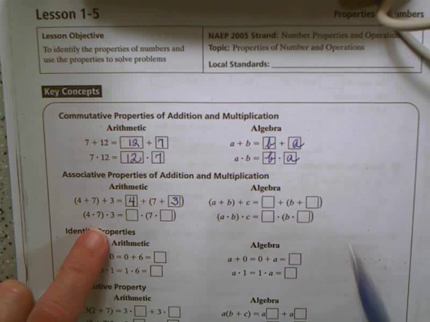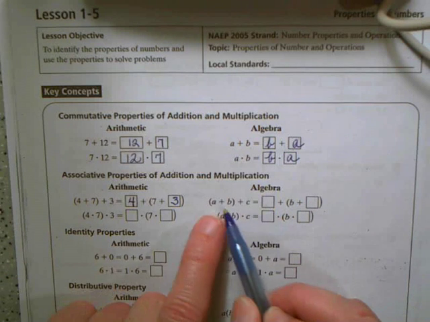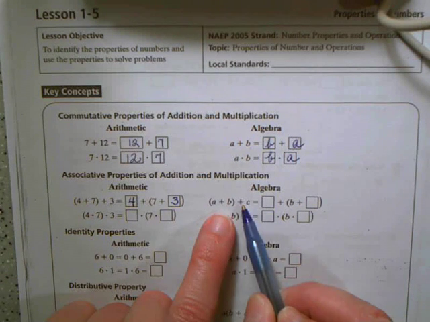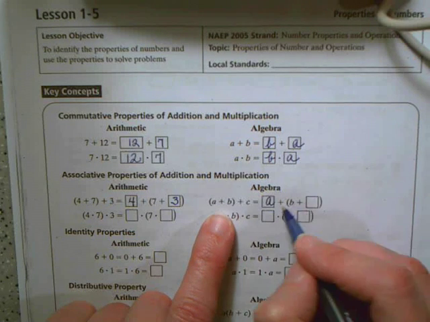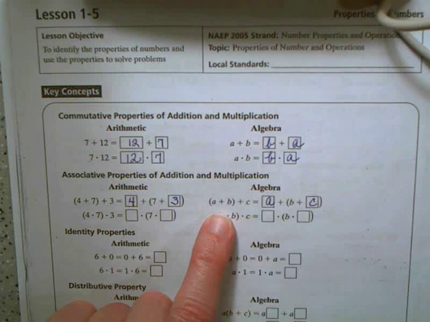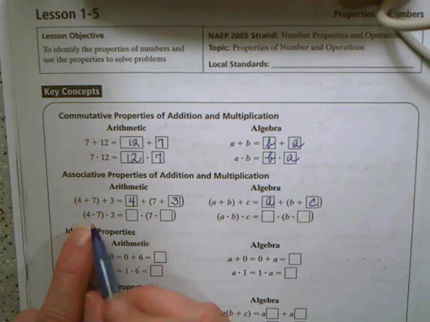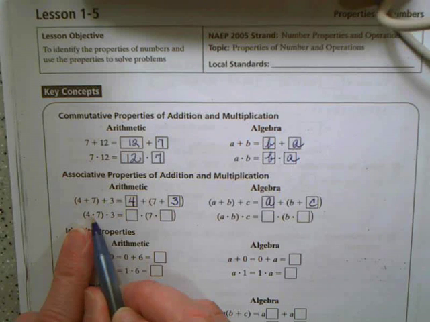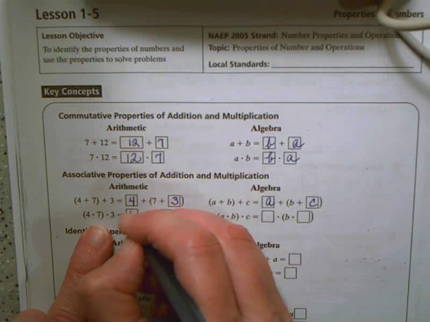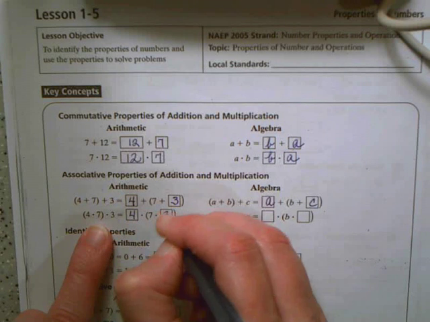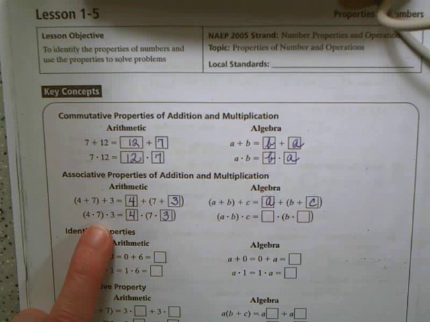With algebra, the quantity a plus b plus c is equal to a plus the quantity b plus c. With multiplication, the quantity 4 times 7 times 3 is equal to 4 times the quantity 7 times 3.